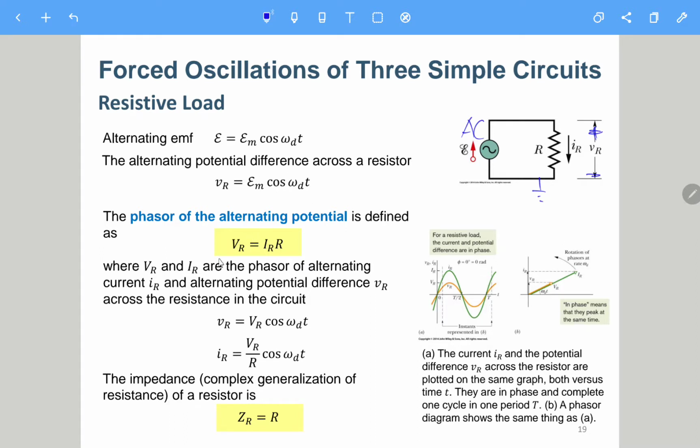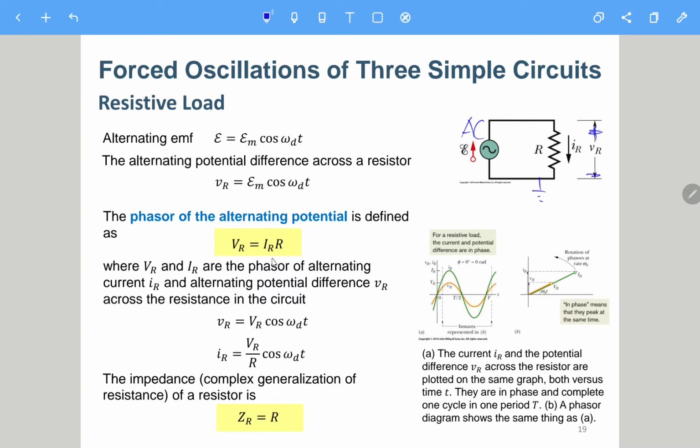So very trivial. Here we'll define something called a phasor. So VR, and then here we have IR. VR means the amplitude. It also includes the phase, but for this case, it is nothing but an amplitude.